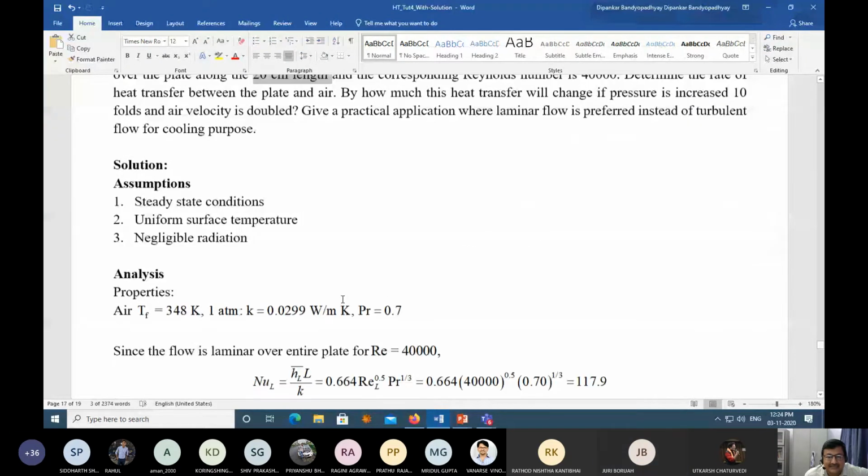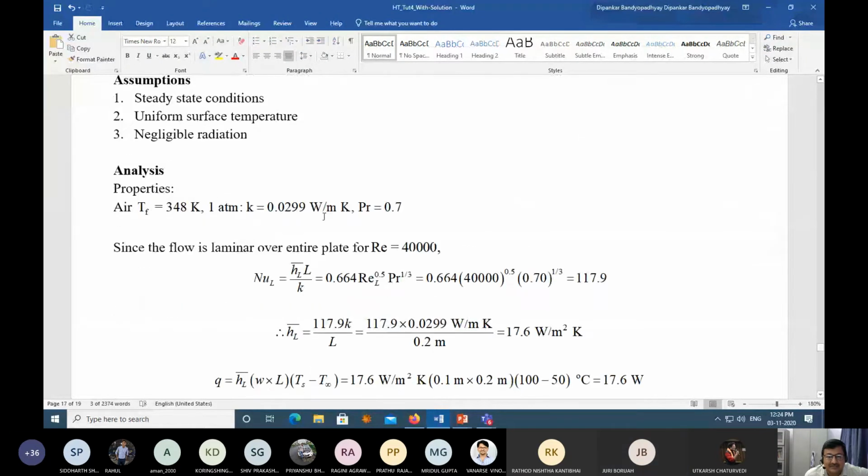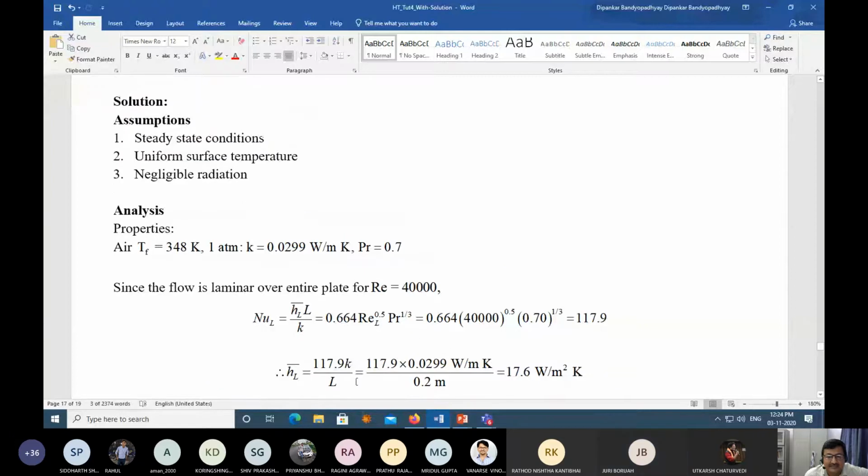And the other thing is, what is the conductivity? I have also supplied the conductivity. So you can obtain the heat transfer coefficient, right? So what will be the average heat transfer coefficient at length L? Nusselt number divided by L, 0.2. 17.6 watt per meter square Kelvin, correct?